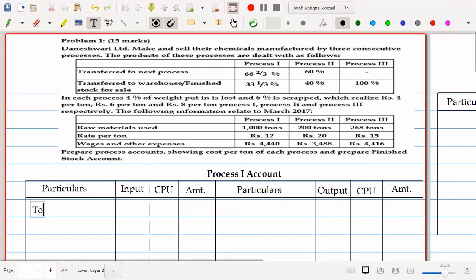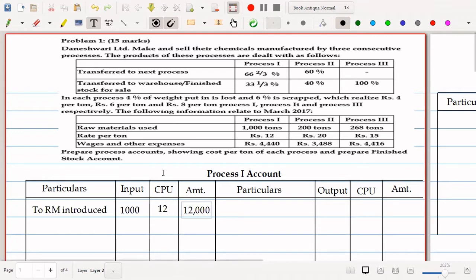To raw material introduced. So how much is given? It is 1000 tons at rupees 12 CPU. It comes to 12,000.